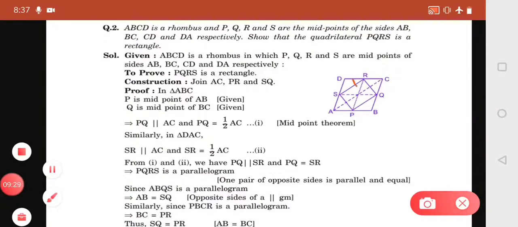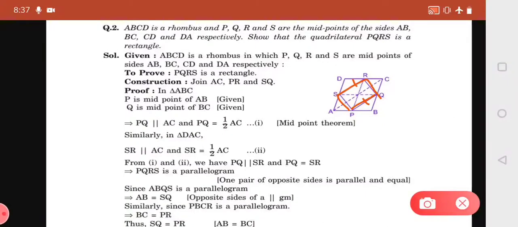These two are parallel and equal. As one pair of opposite sides is parallel and equal, PQRS is a parallelogram.